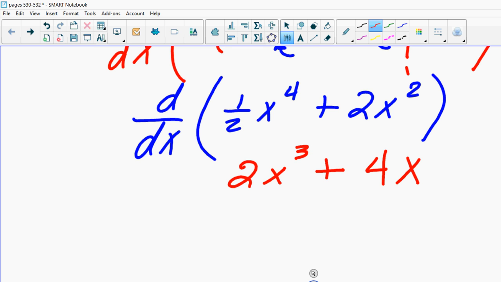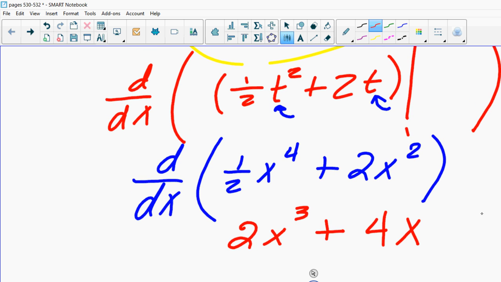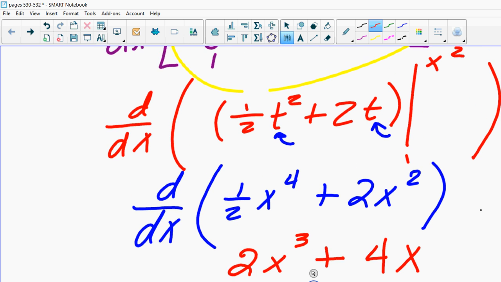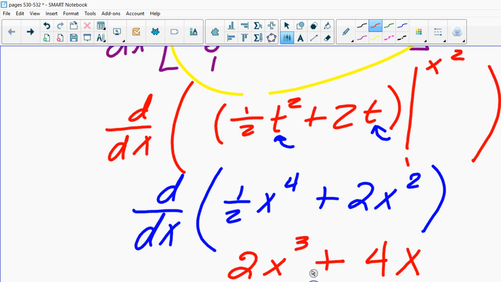Can I go up? Yep. How far? What did I do? Oh, yeah. Because I'm an idiot. I forgot it. Minus what? 1/2 plus 2? 5/2? No, I forgot it.